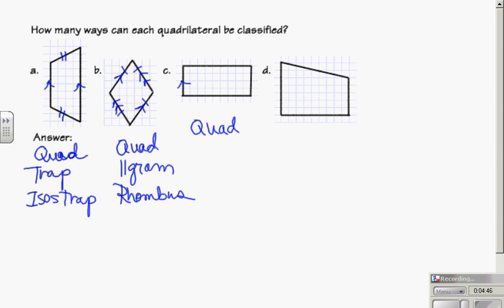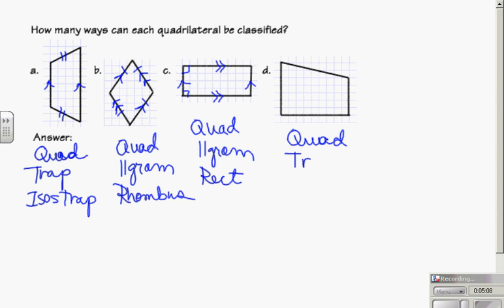Here, you start with a quad. My lines are definitely parallel with horizontal and vertical, so I have a parallelogram. I definitely have right angles, so I have a rectangle. And to take that last step down to square, they have to be equal. Like counting boxes, we know they are not.